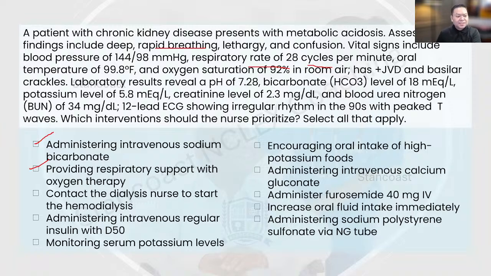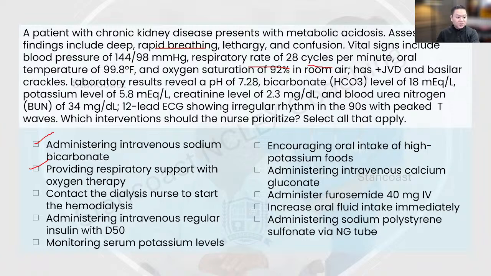JVD and basilar crackles. Not a good thing to have. And so our patient really would need some support as far as supplementation of oxygen at this point. So it could be in a form of a nasal cannula in a low flow, maybe 2 liters or 1 liter humidified. So we can also start that to the patient.